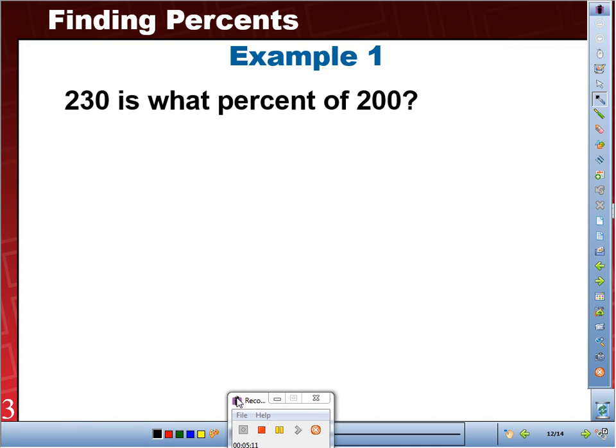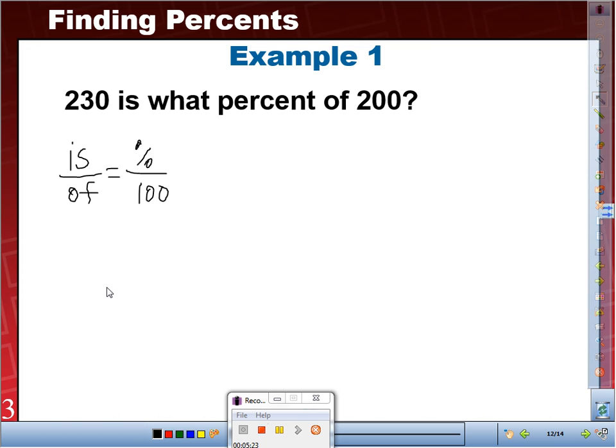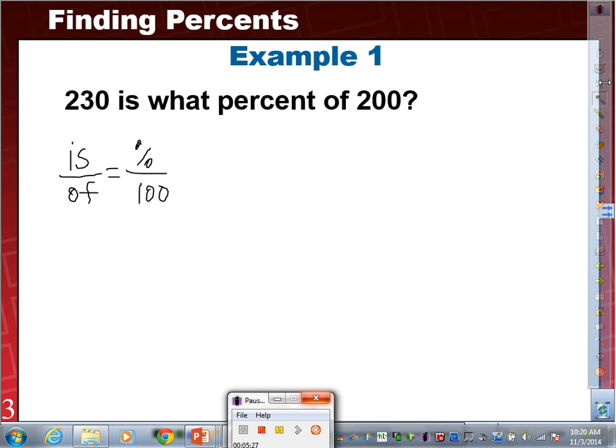So let's see. Tell your neighbor the first step that you would do for that. Very good. Is over of equals percent over 100.